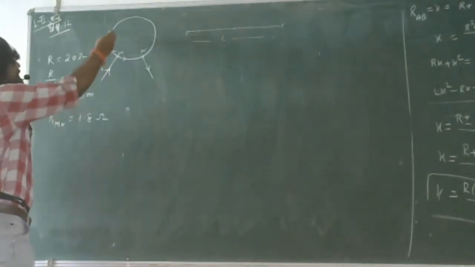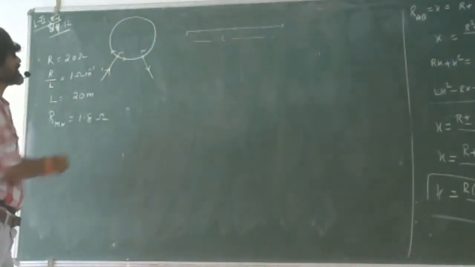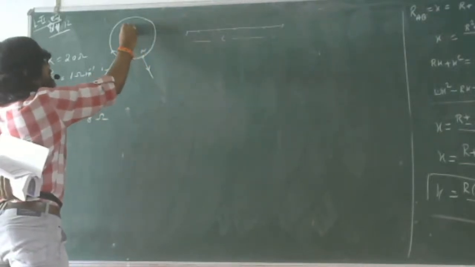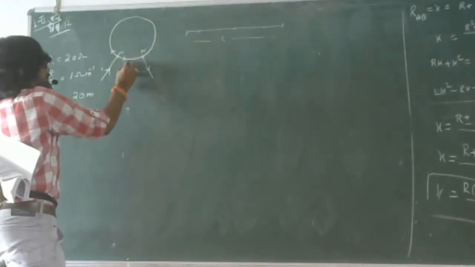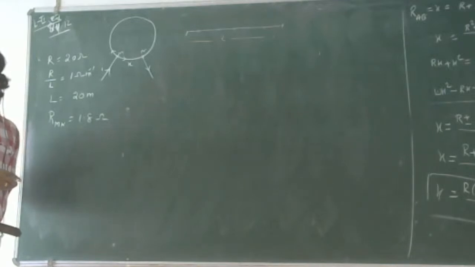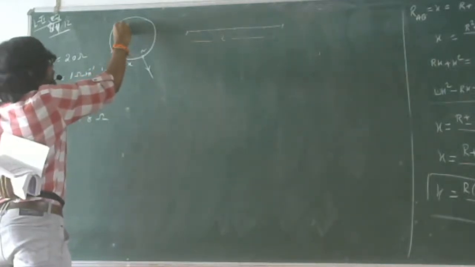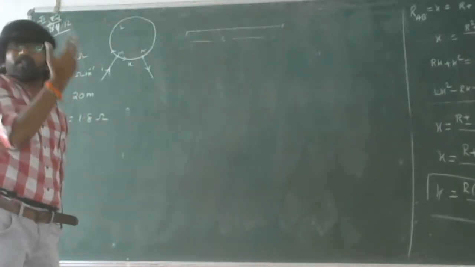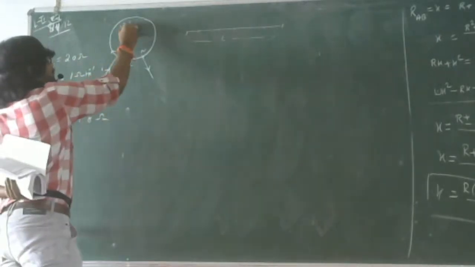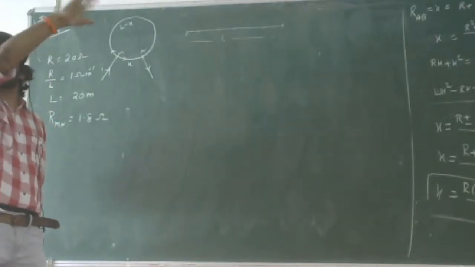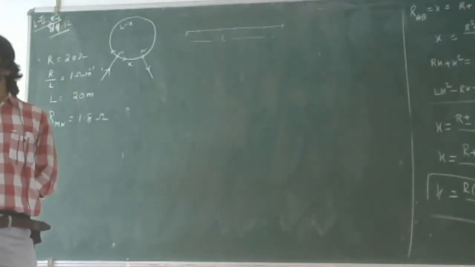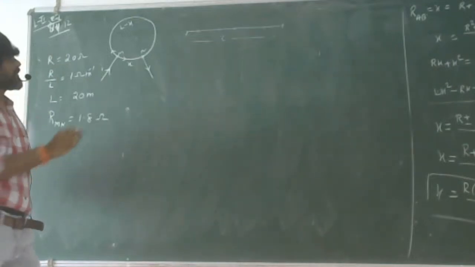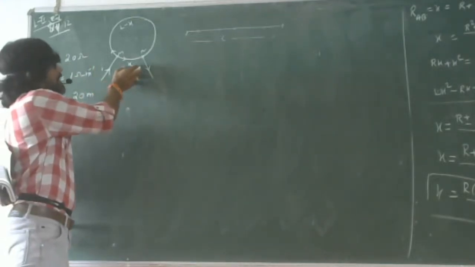But you don't know the length of each part. Let us say the total length is L, and the length of the shorter section is x. Then what about the other length?